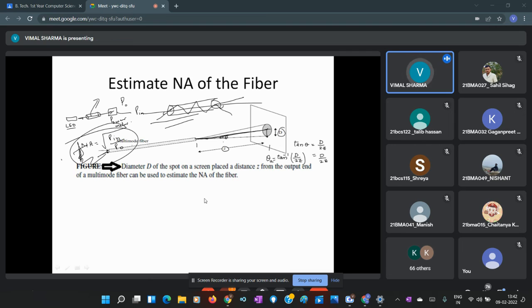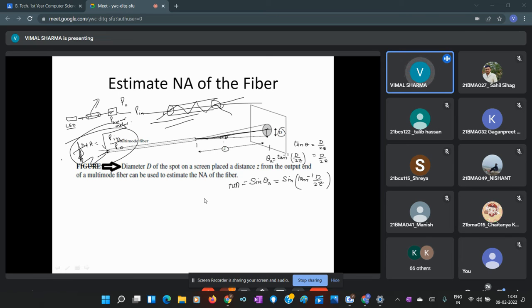Once you know the angle of acceptance, then what is sine of that angle of acceptance, sine of theta A? In this case, it is sine of tan inverse d divided by 2z. So this is the numerical aperture.